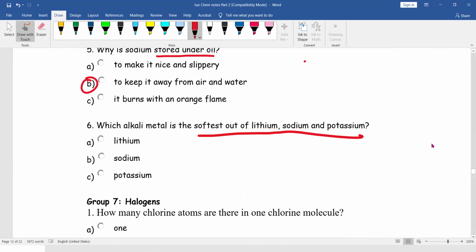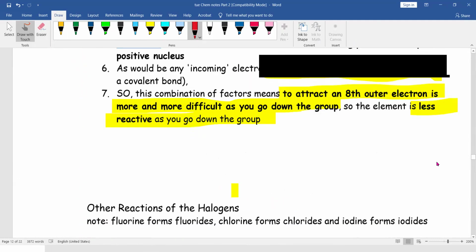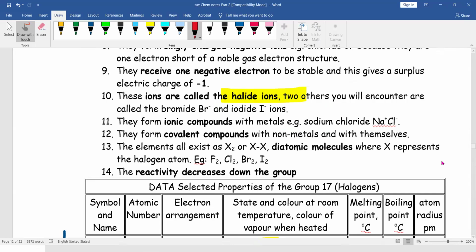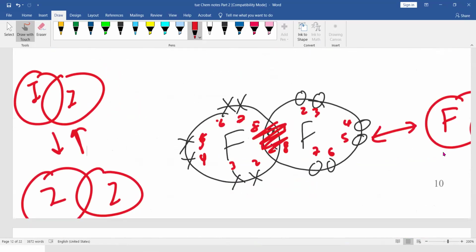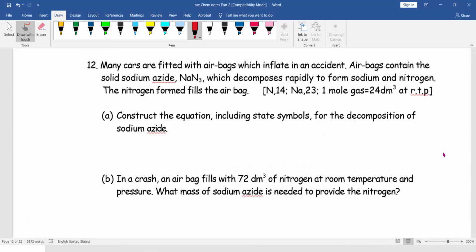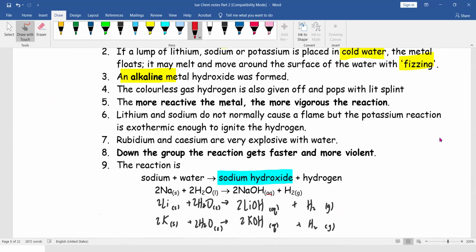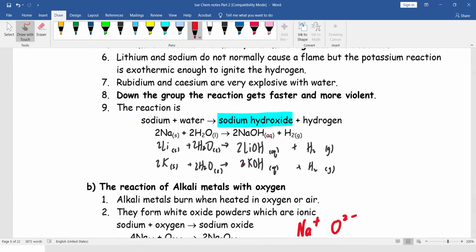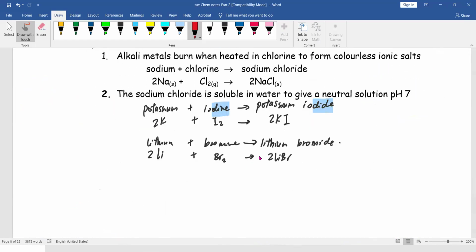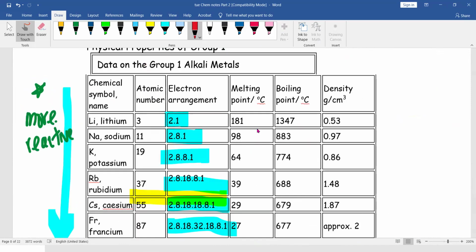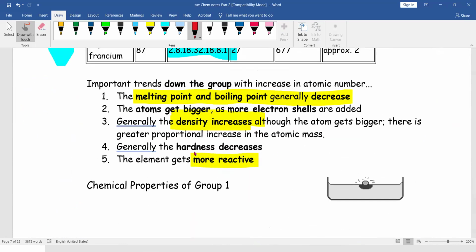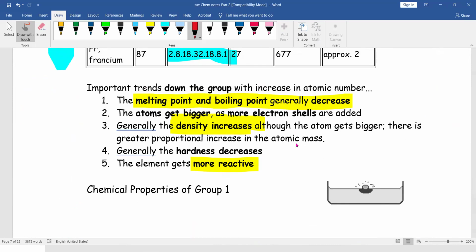Okay, so if you look back, you can see here, the hardness decreases down the group.